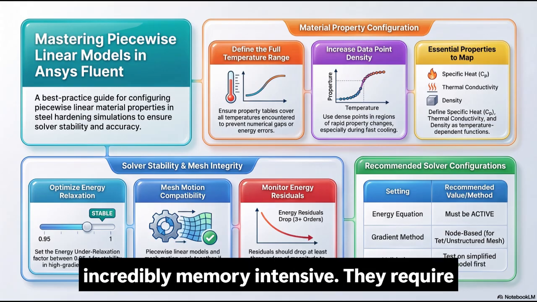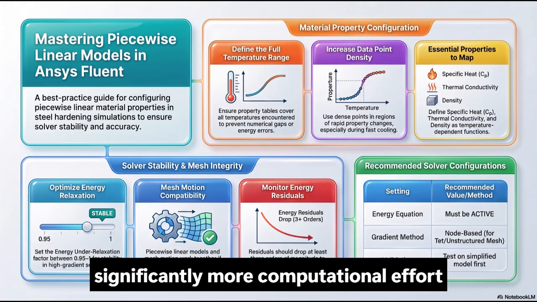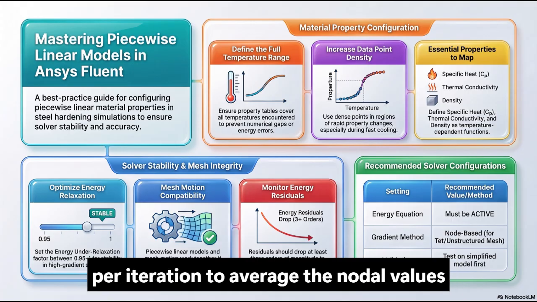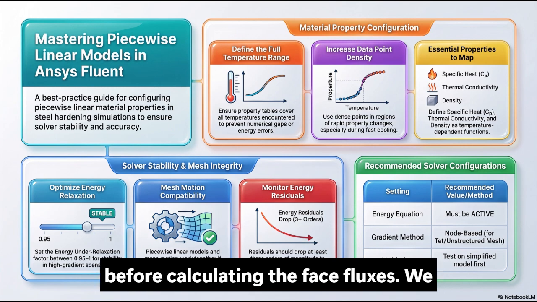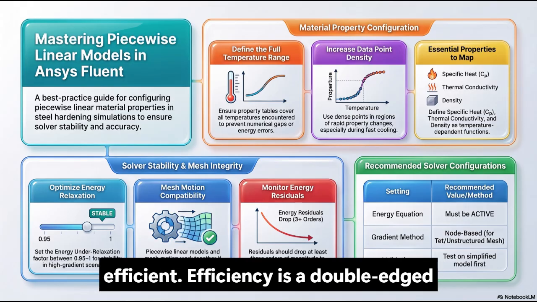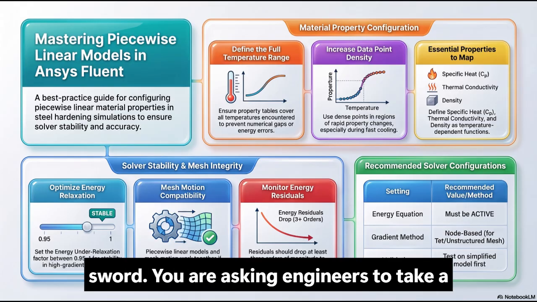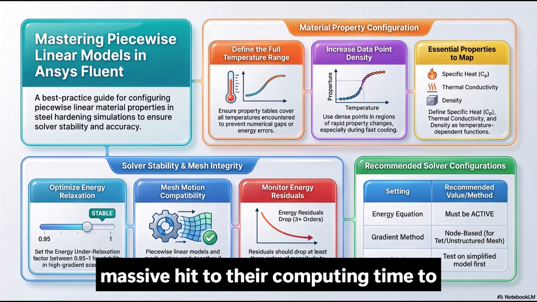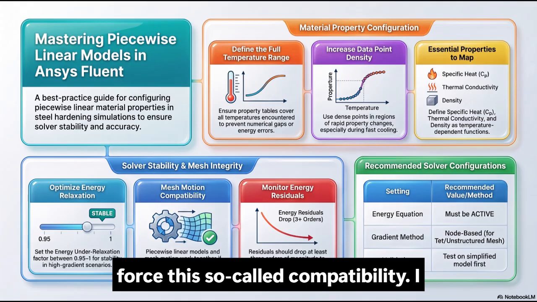Node-based gradients are incredibly memory-intensive. They require significantly more computational effort per iteration to average the nodal values before calculating the phase fluxes. We use cell-based gradients because they are efficient. Efficiency is a double-edged sword. You are asking engineers to take a massive hit to their computing time to force this so-called compatibility.